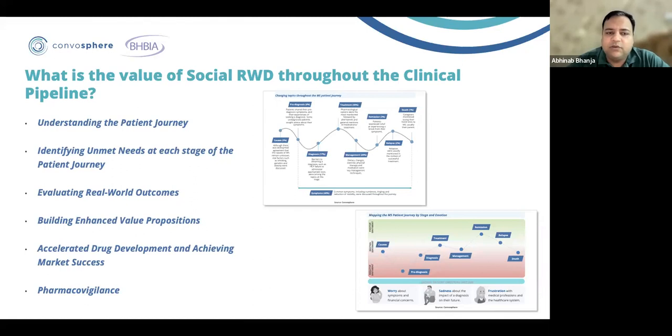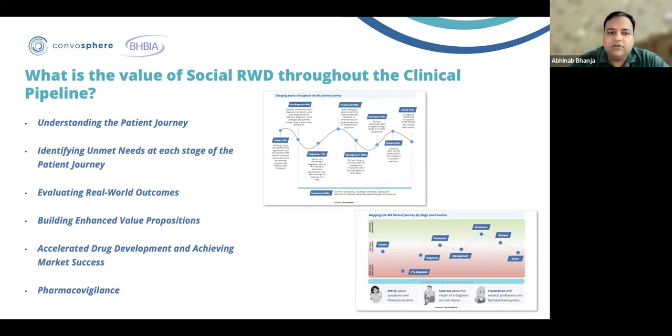Real world outcomes: it will help us evaluate real world outcomes. As we all know, it is really important nowadays, and pharma is trying to get outcomes that come from the actual application of drugs and treatments, which is difficult to get from RCTs due to many reasons.